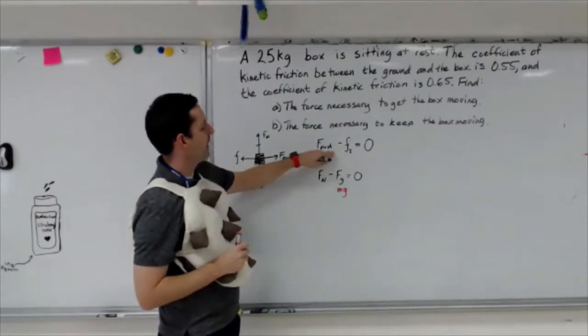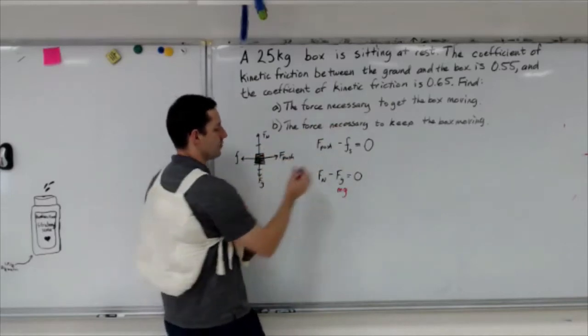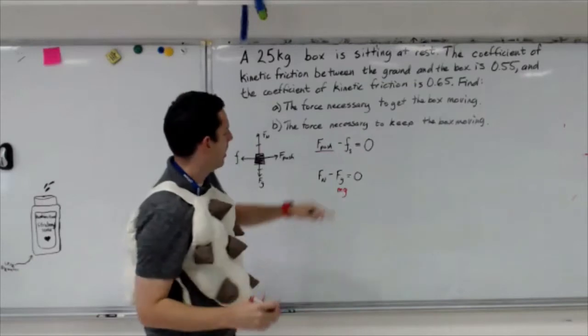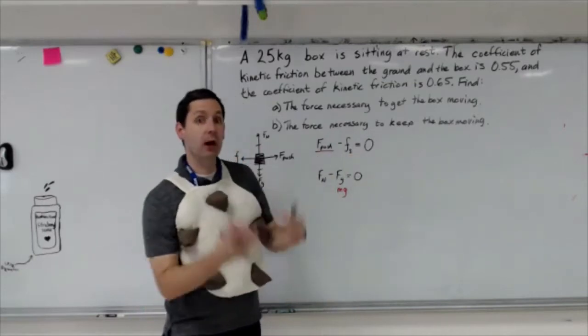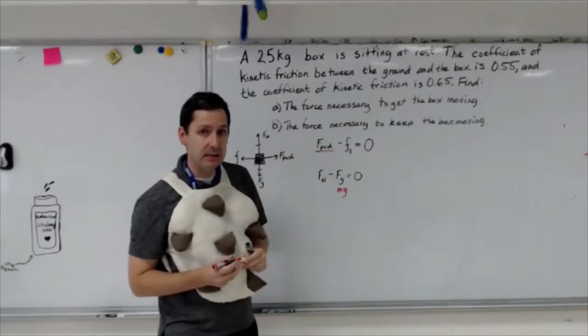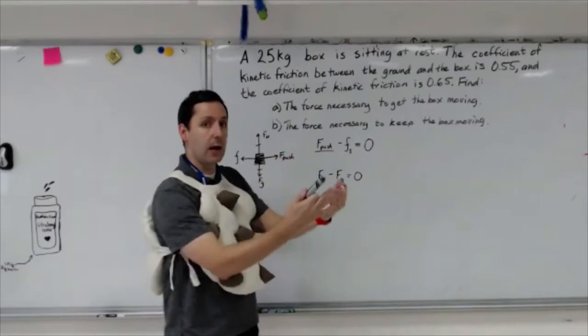Up here, I have a little bit of a problem. The question is, what is the force necessary to get the box moving? So I'm looking for this. In order to get that, I need to know how much friction there is. If I don't know how much friction there is, then I won't be able to get this. So my first step is to find out how much friction there is. Now, how do I get that?